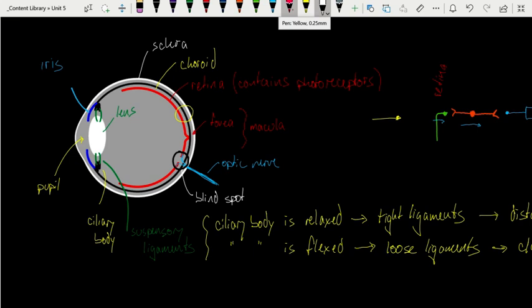So as we think about light coming in, the job of the cornea, and then to some extent the lens, is to focus that light directly onto the fovea, right onto the retina where I wanted it. If that focal point is too far in front or too far behind the retina, then interesting things will happen.